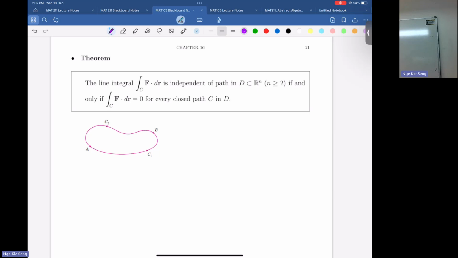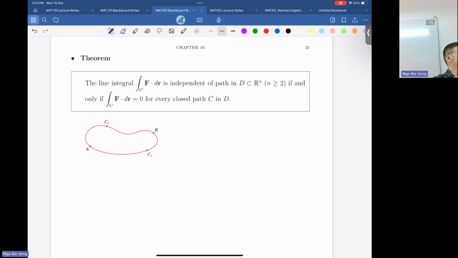Okay? Can you think about it? I think one direction is easy. Can you think about which direction is easy? You should think about if I have a path from A to B, how do I form a closed path at A, for example?